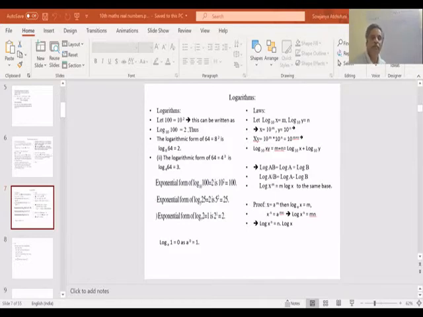Write the following in logarithmic form. So I am taking these two. 2 to the power of 10 is equal to 1024. And another example I am taking is 3 to the power of minus 2 is equal to 1 by 9. It is not 3 square, it is 3 to the power of minus 2. Both I have to convert into logarithmic form.